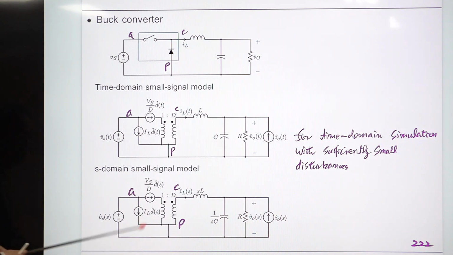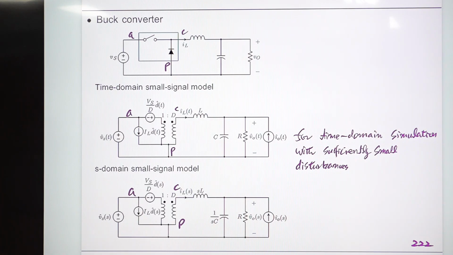Very simple: just replace t with s. Just switching these variables, and everything remains the same. This L becomes sL, and this becomes 1 over sC, and then this is the S domain small signal model of the buck converter power stage.